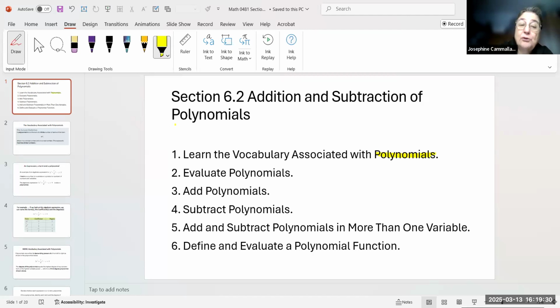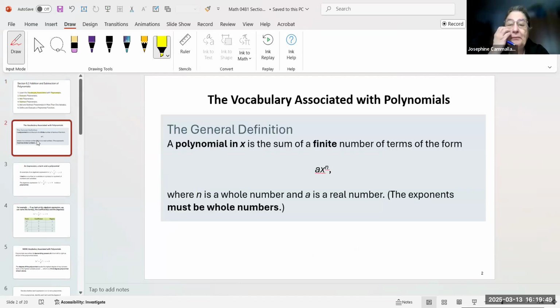We're going to learn how to evaluate, add, and subtract today. And we're also going to learn certain vocabulary that's associated with these polynomials. So let's begin with the vocabulary.